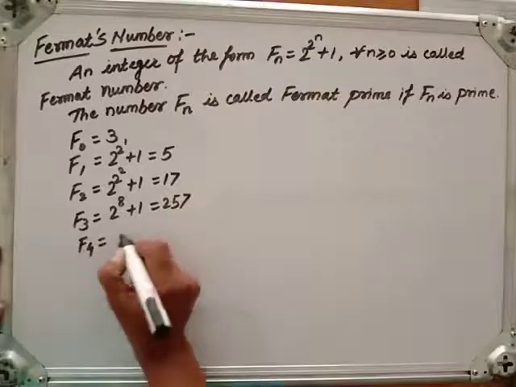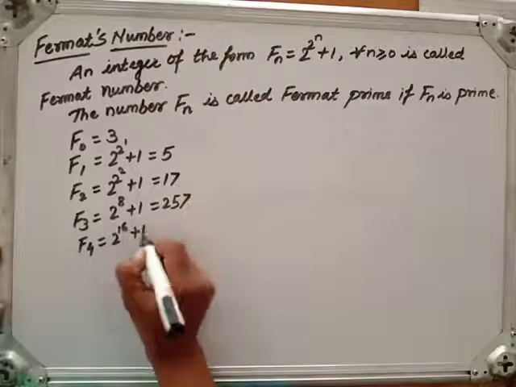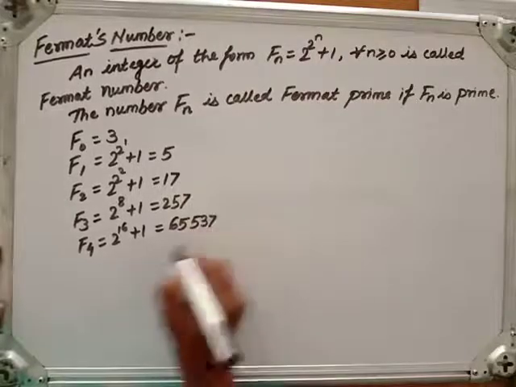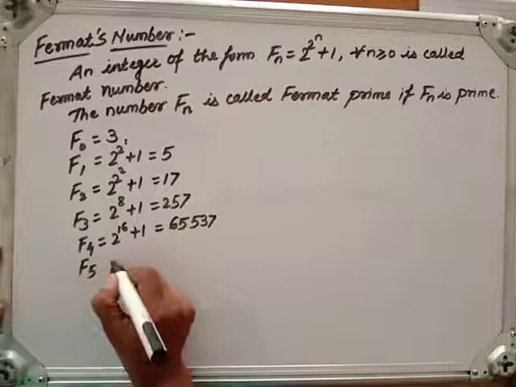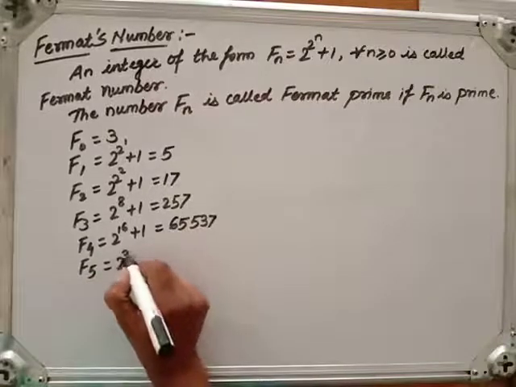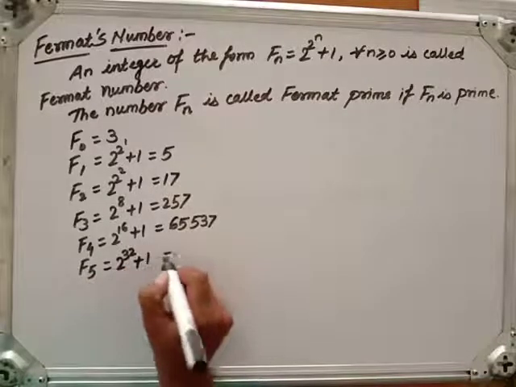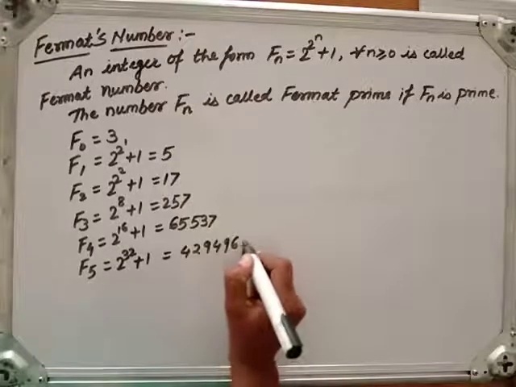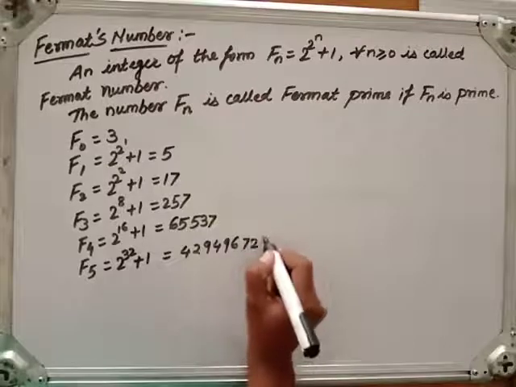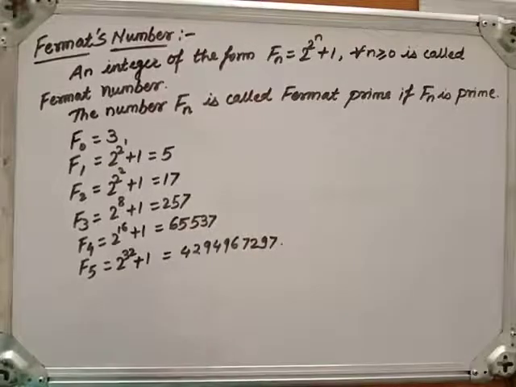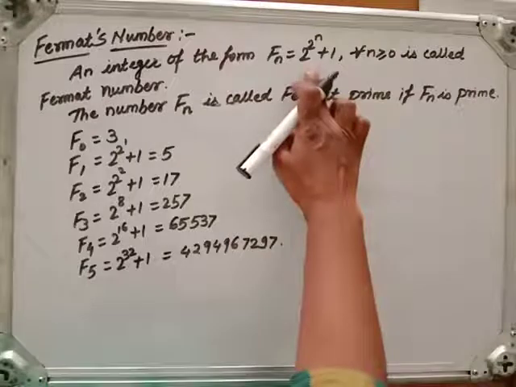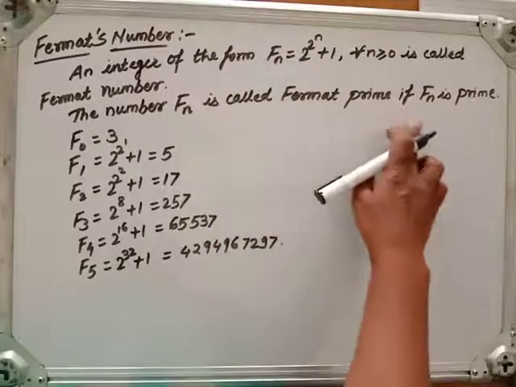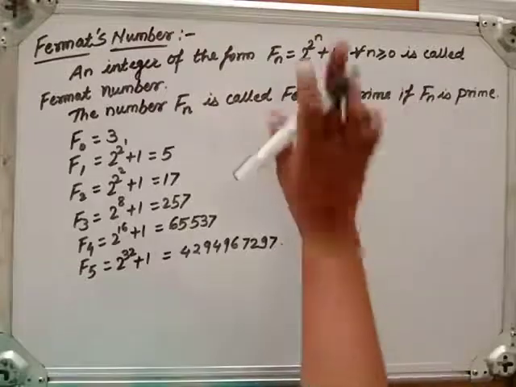F4 is 2 raised to 16 plus 1, that is 65,537. F5 is 2 raised to 32 plus 1. This is about the Fermat number, and if that number is a prime, it is a Fermat prime.